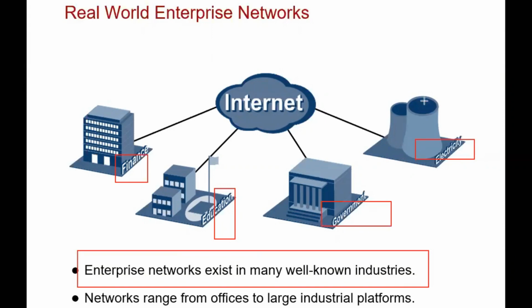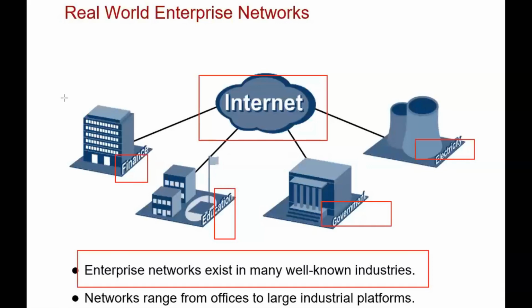Each of these networks, you can think of it as a LAN, as a local area network. And when we interconnect them, then we form that global interconnection of LANs, and it makes the WAN, which is also referred to as the internet.